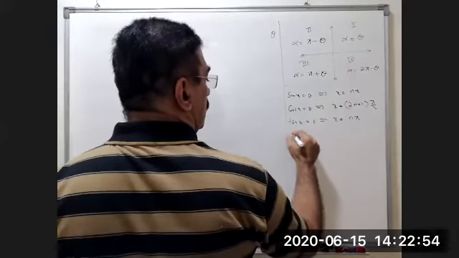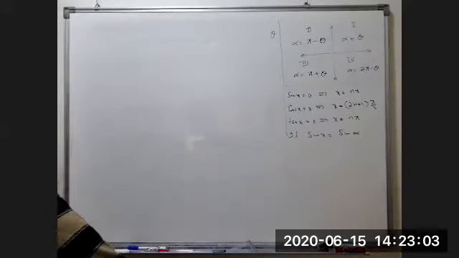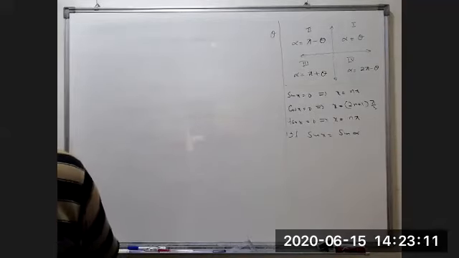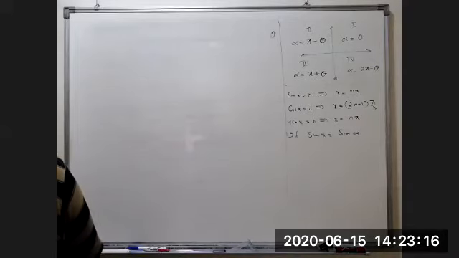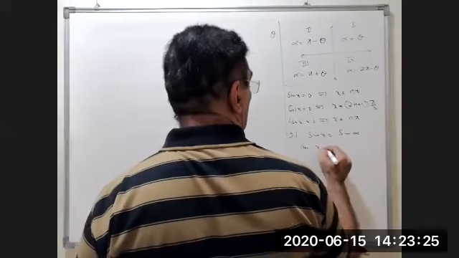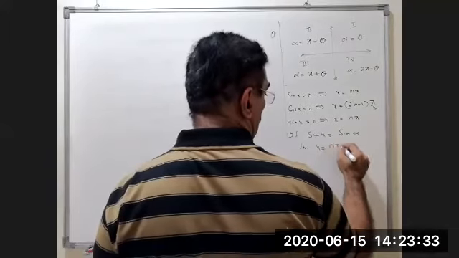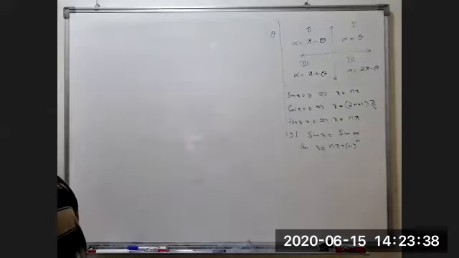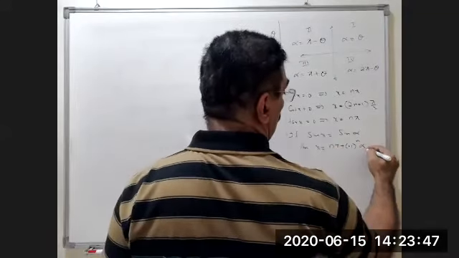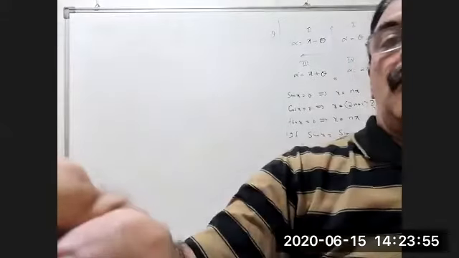Again, if sin x is equal to sin alpha, then x is equal to n pi plus minus 1 raised to n alpha, n belongs to Z. Everywhere, n belongs to Z means n is an integer.